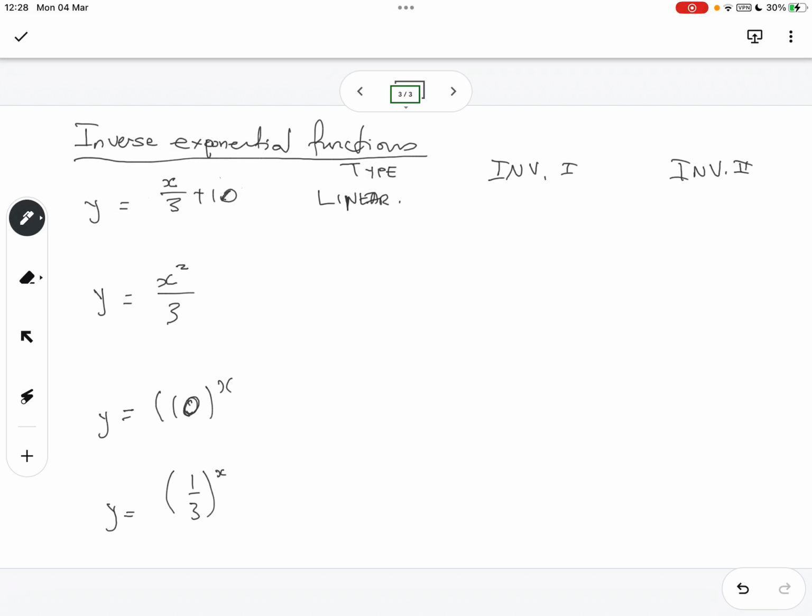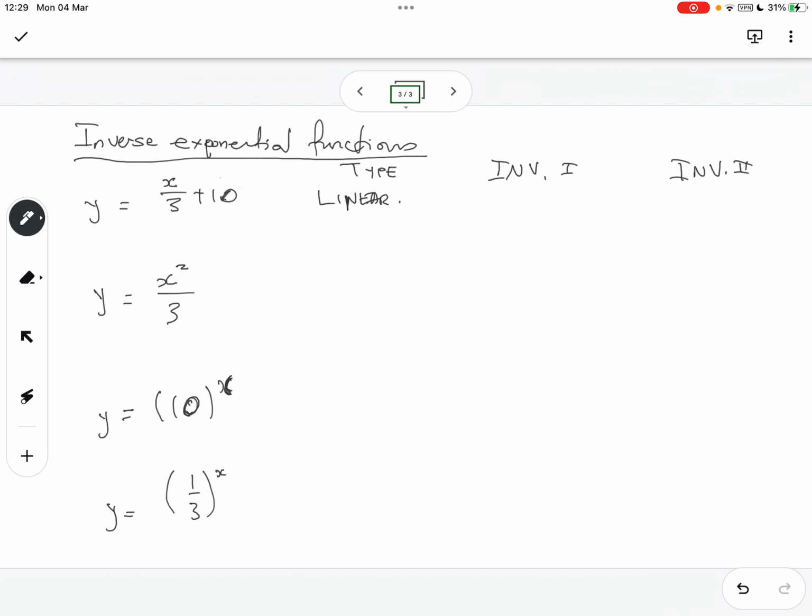And then x squared over 3, what type of function would you say that is? I don't want the square to fool me, but I think it's an exponential function.